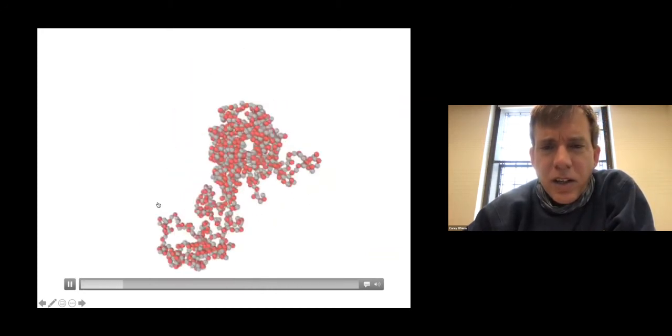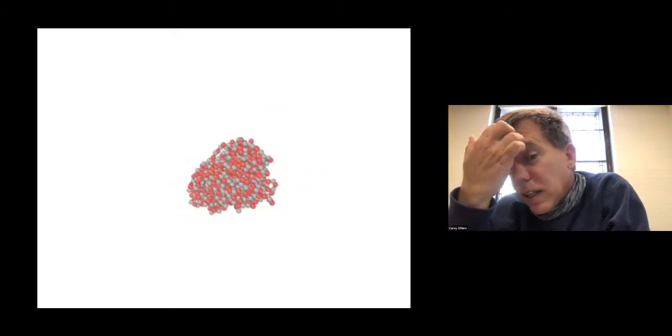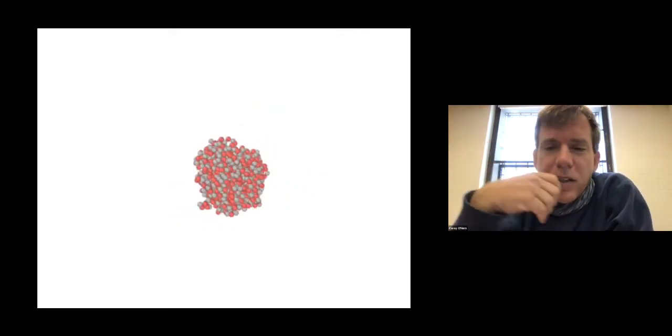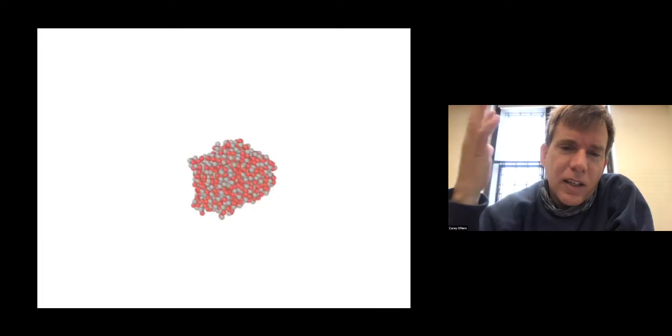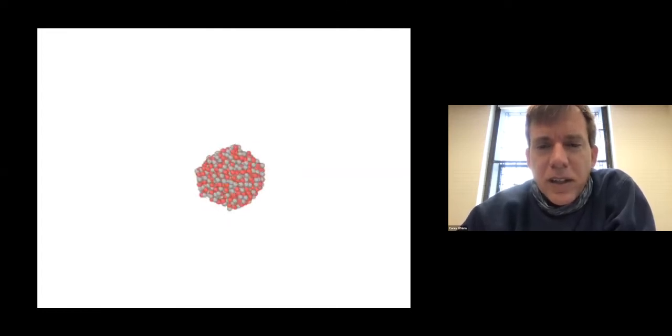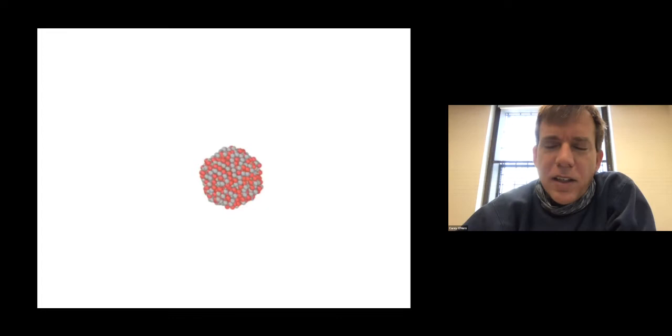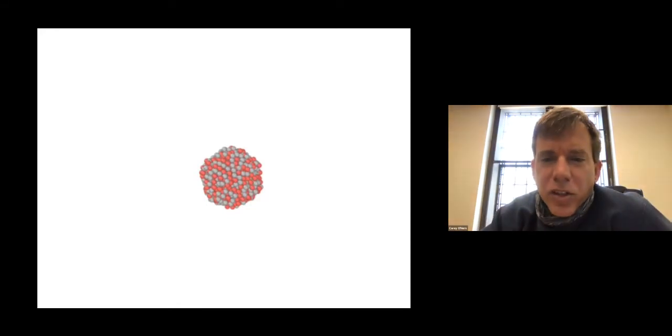This particular simulation was a cooling: taking a protein at the highest temperature and running a cooling protocol down to very low temperature. What happens during cooling is that, in general, polymers will collapse and form very compact structures.